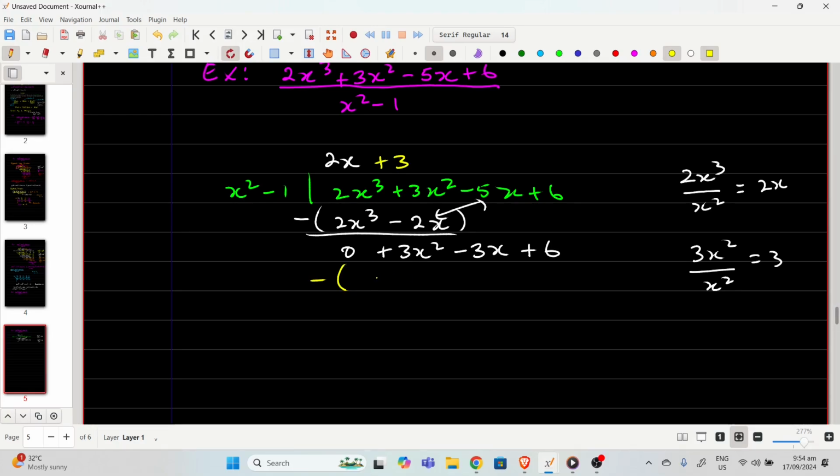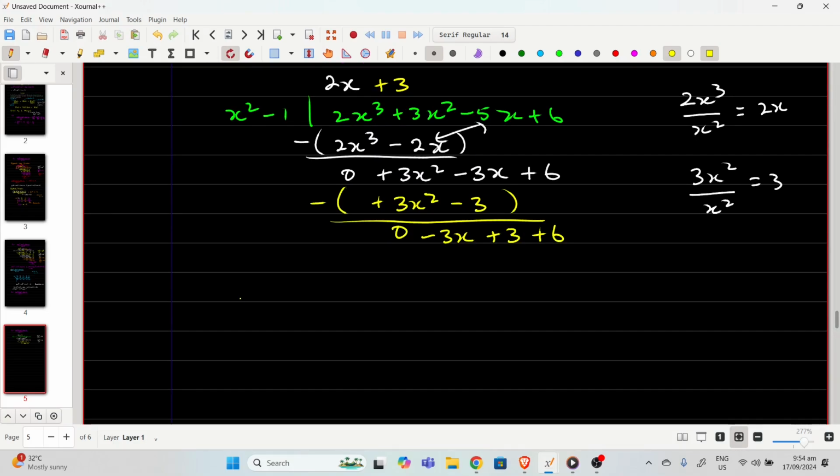So we get positive 3x squared minus 3, and notice we get 0 here, but this here can't add with this, so we have negative 3x, and then we have positive 3, and then positive 6 coming down, and we can't go any further, right?